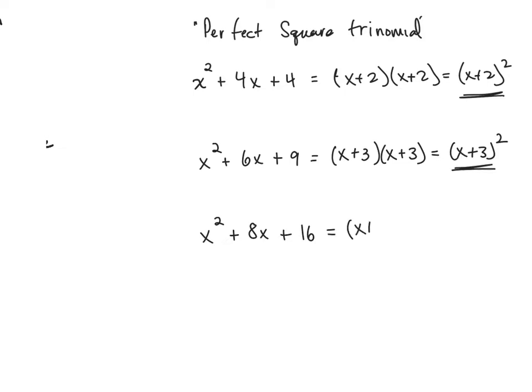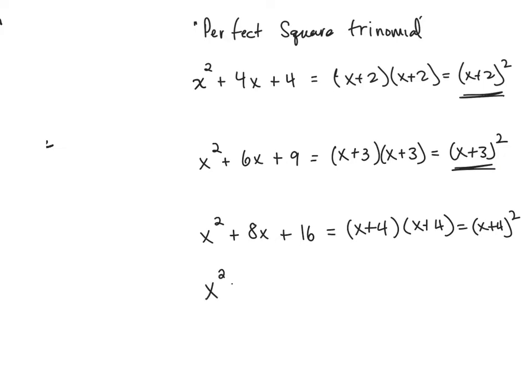This one here, x plus 4 times x plus 4 equals x plus 4 squared. So these are all examples of perfect square trinomials. And the key for this topic, completing the square, is we want to form perfect square trinomials, or we want to be able to make some of our own.